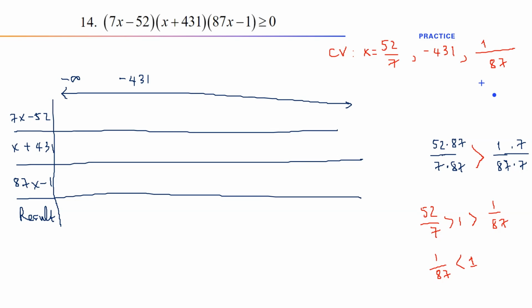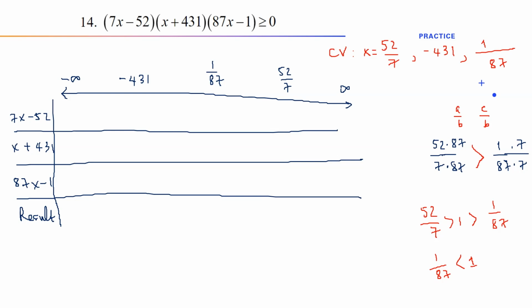This one is the same as a over b and c over b. So if a is greater than c, then a over b is greater than c over b. So now the next one will be 1 over 87 and then 52 over 7, positive infinity.